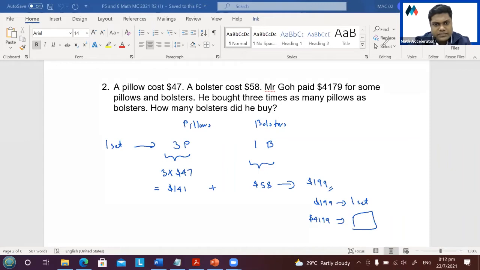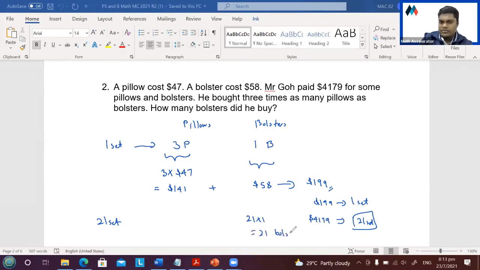That's the correct answer. Good. So it's 21 sets. So the question is simply asking how many bolsters did he buy? So if there are 21 sets, how many bolsters would that be? Simply 21 times 1. That's the answer.